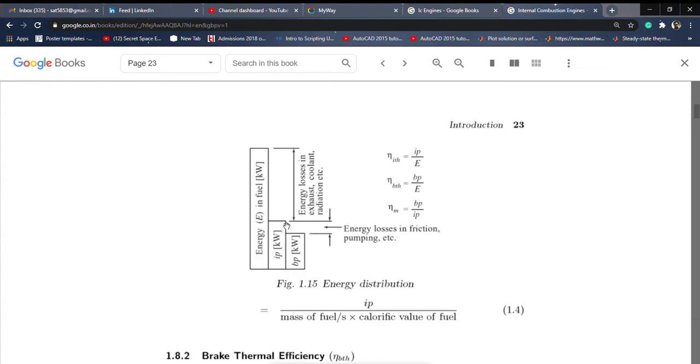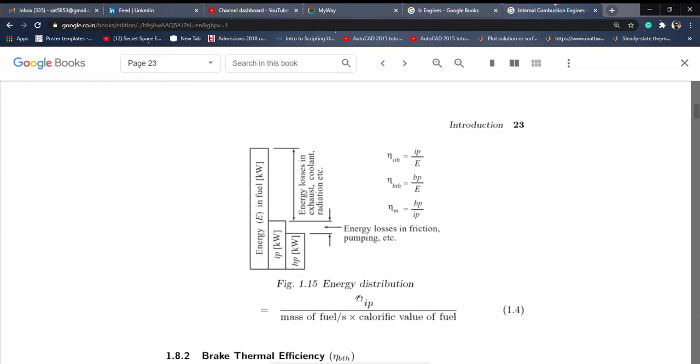But when the piston moves, there are further energy losses in friction, pumping, etc. Pumping losses mean the cooling water pump needs to run and valves need to open. There are bearing frictions also. Whatever power we get after these is called brake power. This is the net output which we get from the engine.